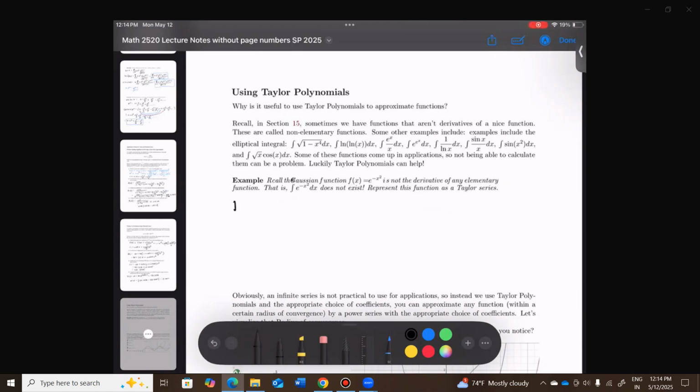So the Taylor series for this, going from n equals 0 to infinity, of e to the negative x squared at 0, over n factorial, times x minus a to the nth power.